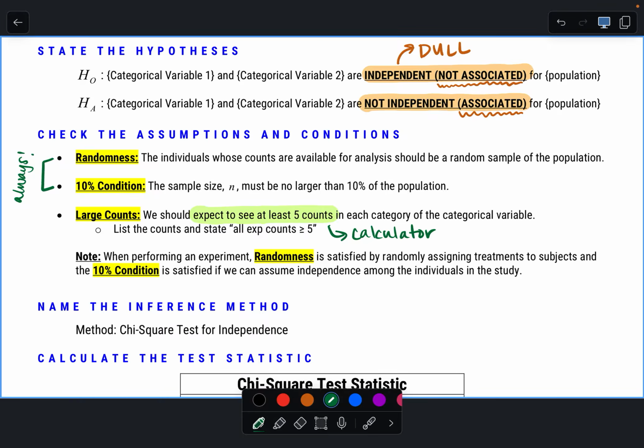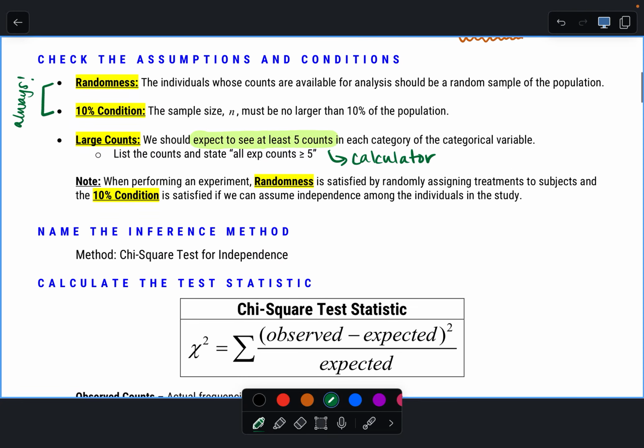There is a longer formula, which is at the very bottom of your page, that you have to use in order to check or find the expected values. And even if you go through the trouble of finding them all by hand and you put them into your calculator and you run the test, your calculator is still going to override anything that you type in for expected values. So you might as well just use the values that they give you.